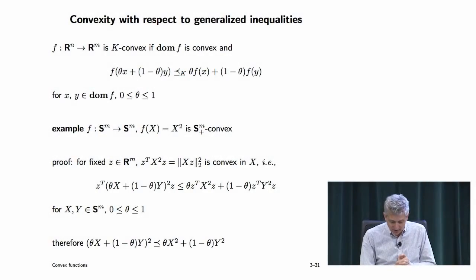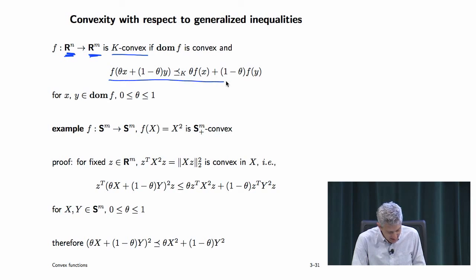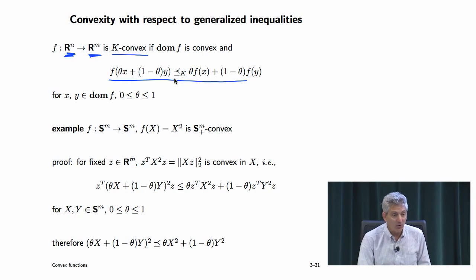And our final generalization of convex functions is to the idea of vector values, right? So here are the ideas. I'll take a function which takes, as usual, a vector argument, but it returns a vector, not a scalar. You define a function to be k-convex if the domain is convex and if this Jensen inequality holds, but it holds with respect to this cone k.